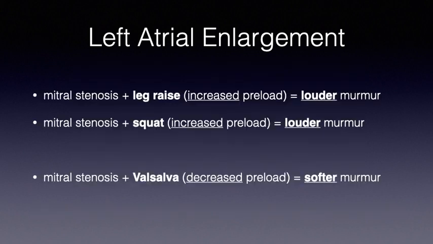There are two murmurs which sound less severe when there's more blood in the heart. These are mitral valve prolapse and hypertrophic cardiomyopathy. The other murmurs, including our mitral stenosis, sound more severe when there's more blood in the heart.